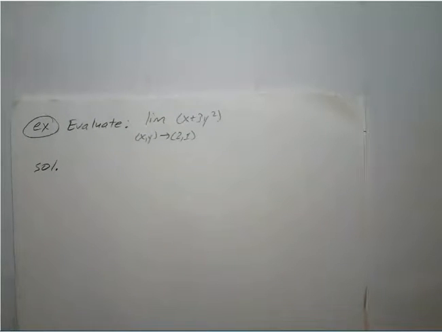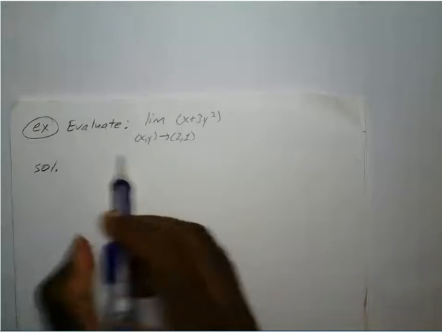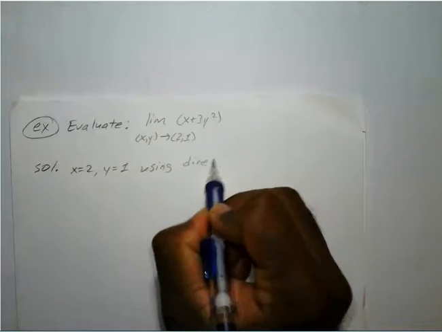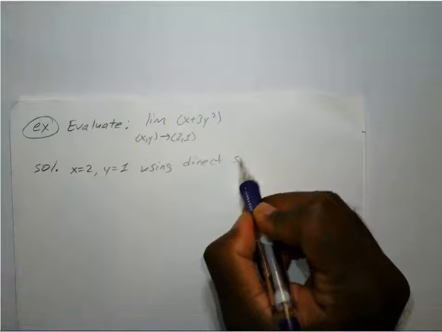Okay. Now in this case, you can use direct substitution because you won't create an indeterminate or an undefined value. Okay, so if you just make x equals 2, y equals 1 using direct substitution.